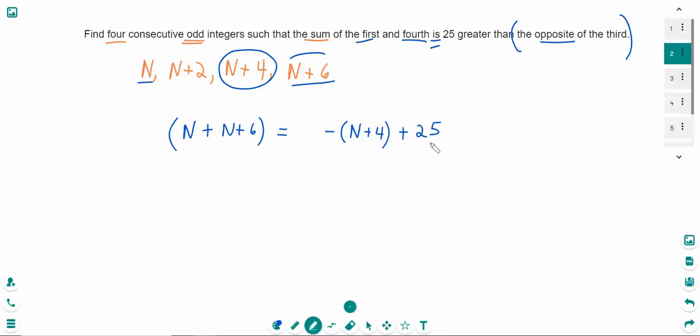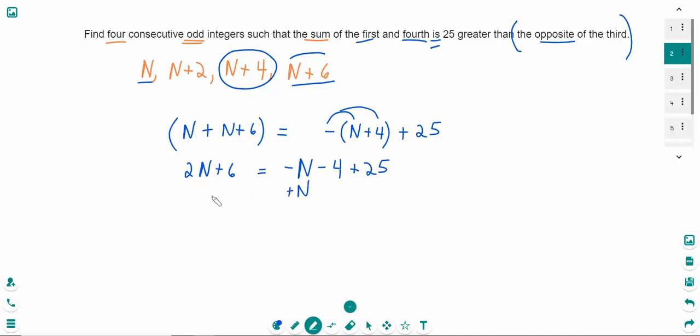All right, now let's go ahead and start simplifying. Again, we don't need the parentheses, so we end up with 2n plus 6 equals. And then over here, we do have to distribute this negative through, don't we? So it's negative n, negative 4, and then we have this plus 25 tacked on at the end. All right, let's move the n over to the other side.